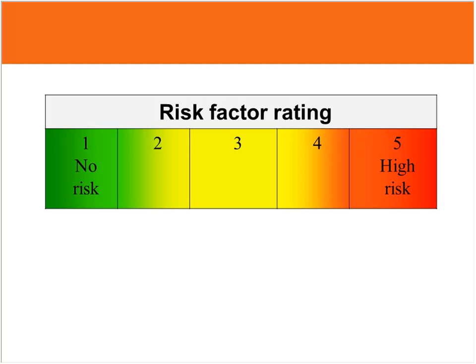We might have some discussion around whether it's a 3 or a 4, so that borderline, but it's generally very consistent, so it's usually not an issue. If your scores come up with a 4 or a 5, that's when you would need to think about controlling that task. A 3 is borderline, so you might even want to consider controls if you do get a 3. Now let's have a look at the manual task risk factors.